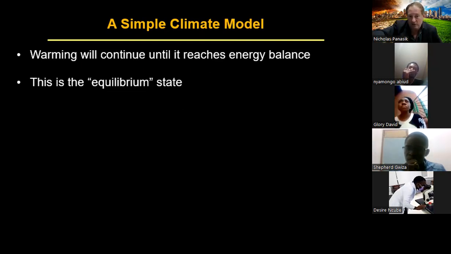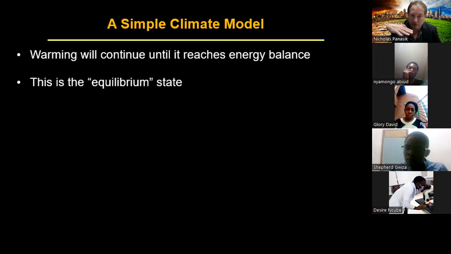And so you can calculate the final temperature that it settles at, because the temperature won't continue to rise because you won't be accumulating energy anymore. And so that's why we do the energy in equals energy out. That's our equilibrium state. That's the state at which it stops changing temperature.